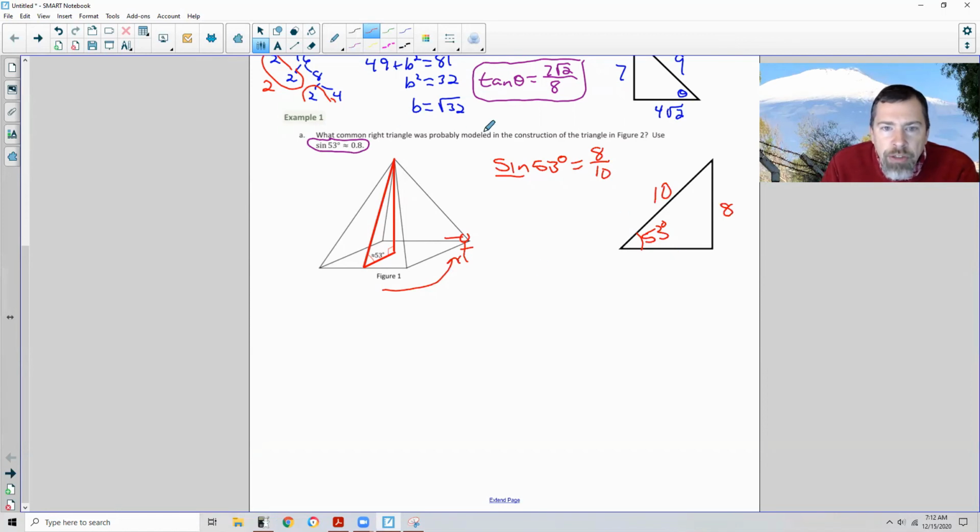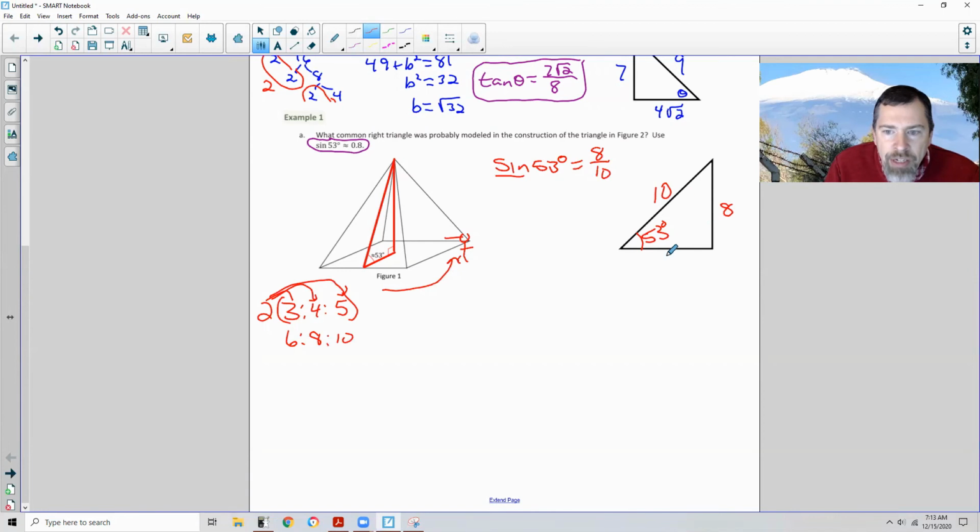What common triangle was probably modeled here? Well, we have what are called 3, 4, 5 right triangles. 3 squared is 9, 4 squared is 16, 5 squared is 25. 9 plus 16 is 25. If I multiply these sides by 2, I get 6, I get 4 times 2, which is 8, and I get 2 times 5, which is 10.